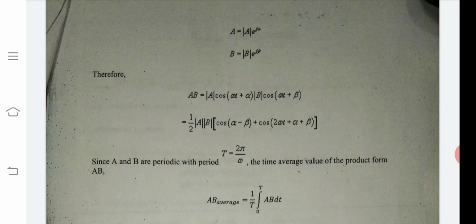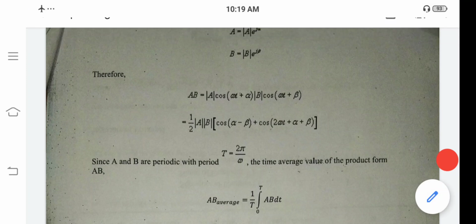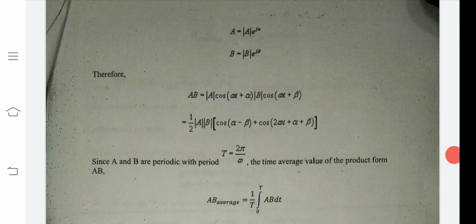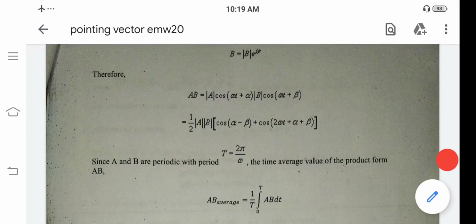Therefore, AB can be written as |A| cos(ωt + α) times |B| cos(ωt + β), which by the cos A cos B formula is ½|A||B| [cos(α − β) + cos(2ωt + α + β)].